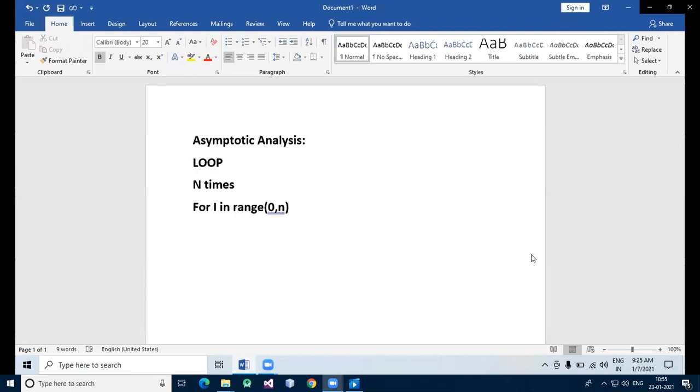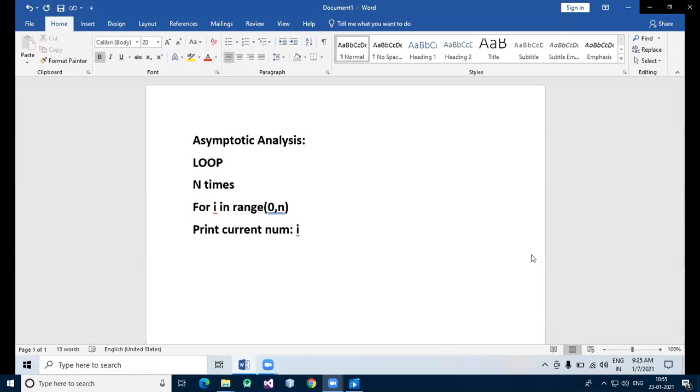So here we have to print the current number, that is i. Okay, so here it should be a small i. This is constant time.